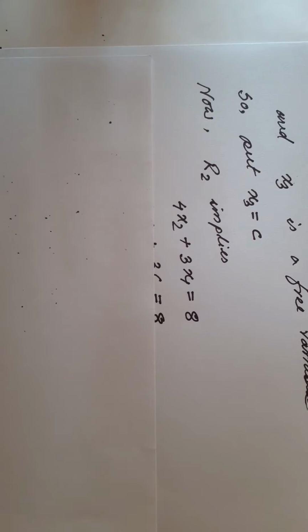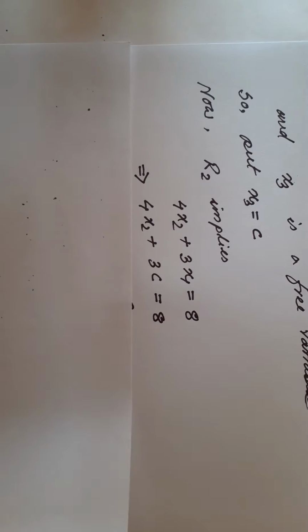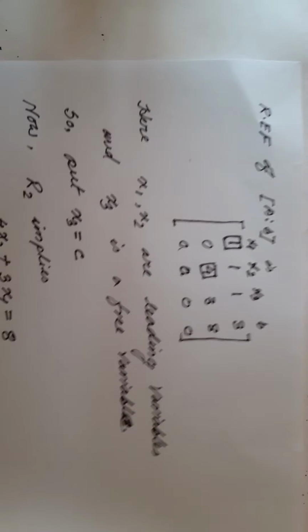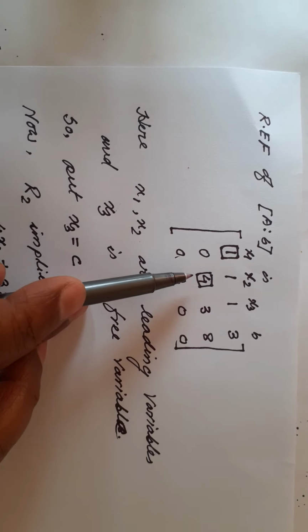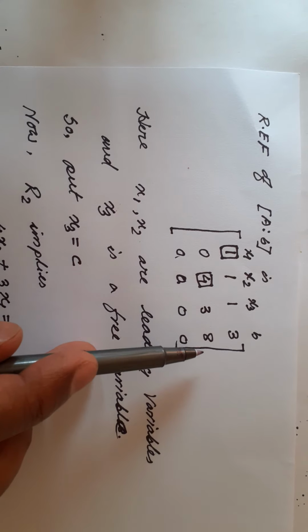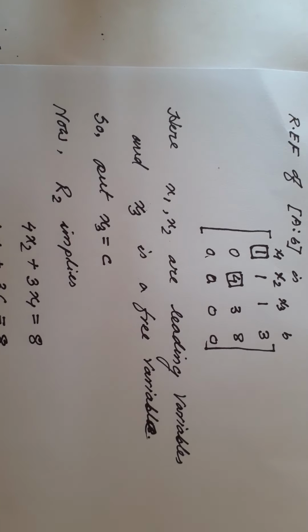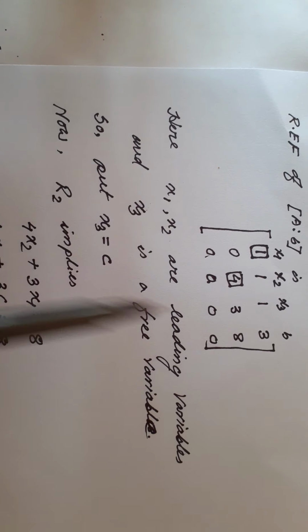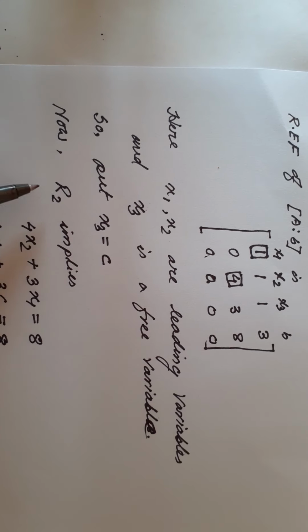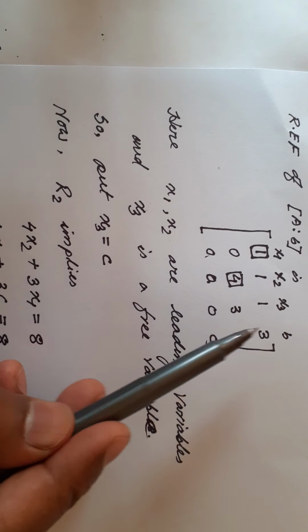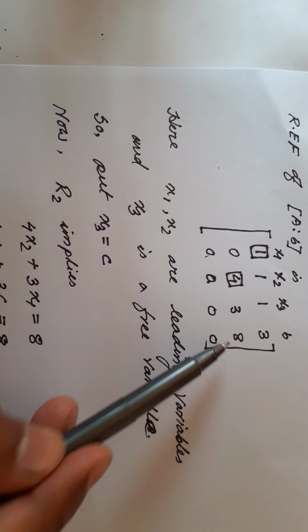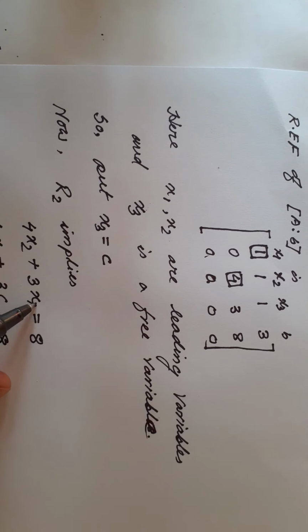Now again you go back to the row echelon form and use the rows to get the solution for the other variables. Here the second row is 4, 3, 8. So we use this row to write my first equation. R2 implies 4x2 plus 3x3 equal to 8.